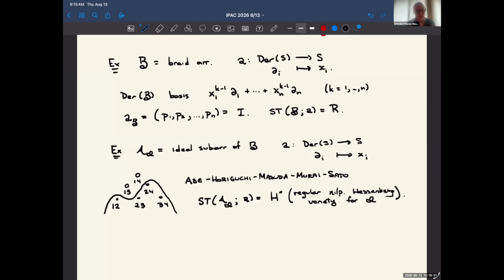It also applies to any crystallographic reflection group. But this was really one of the big motivating examples of these Solomon-Terao algebras.